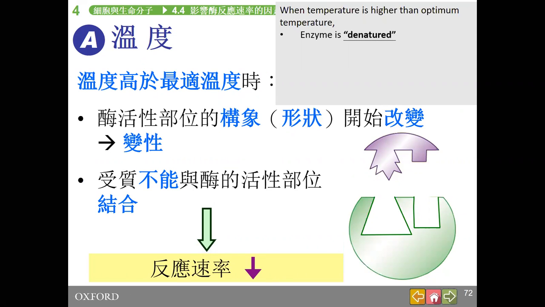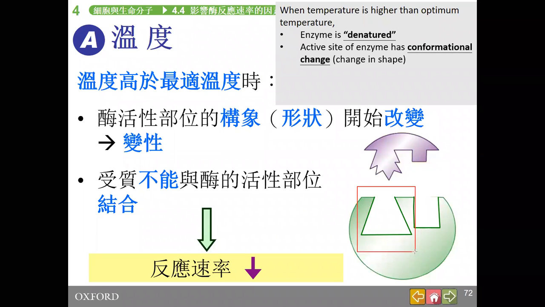So when temperature is higher than optimum temperature, enzyme is denatured. What does it mean by denatured? That means the active site of enzyme has a change in shape. It no longer fits the substrate. You see the shape of the active site has changed.